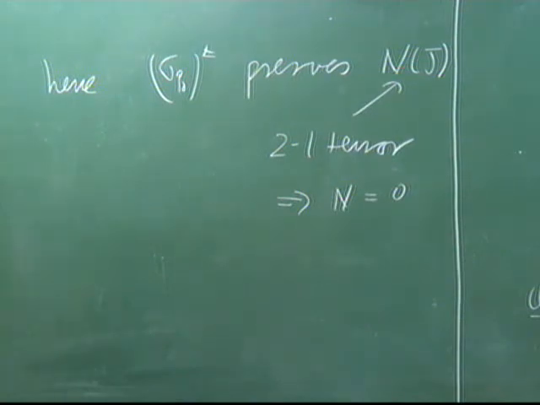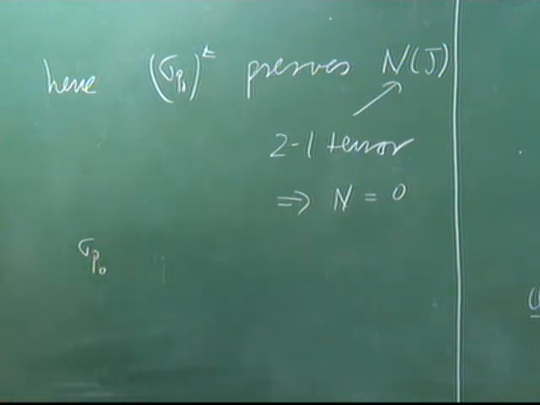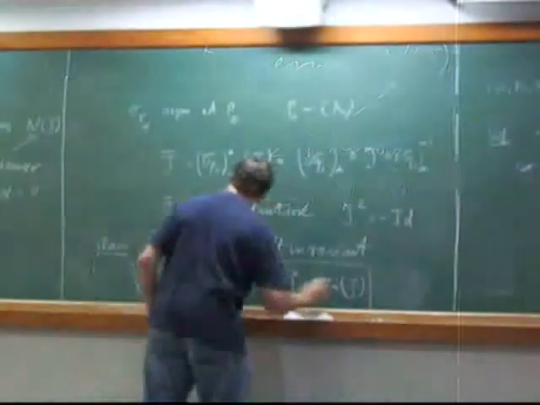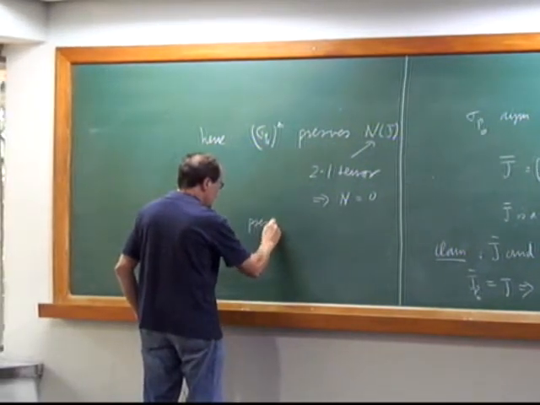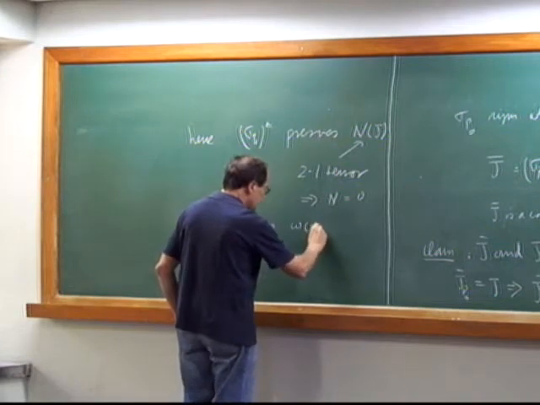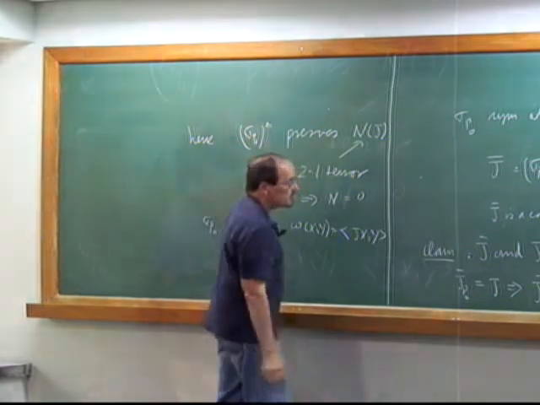Again, odd tensors vanish if they're invariant under the symmetry. Or another way to see it would be to say, sigma P naught, because it preserves the complex structure here, also preserves omega. Right? Omega of X, Y was g of JX, Y. So I'm defining it that way.